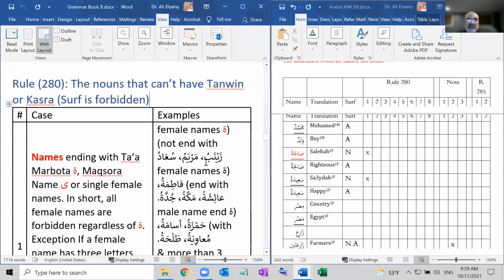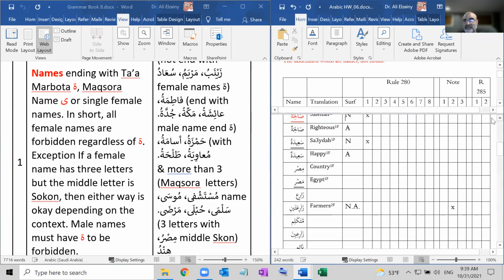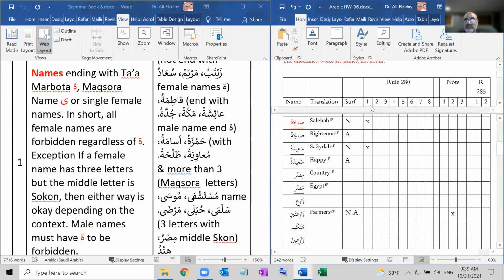Why? Because of case number 1 here. Case number 1 is female names or male names that end with ta marbuta. So that's a female name ending with ta marbuta, so sarf is not allowed according to rule 280, case 1. So you check rule 280, case 1.